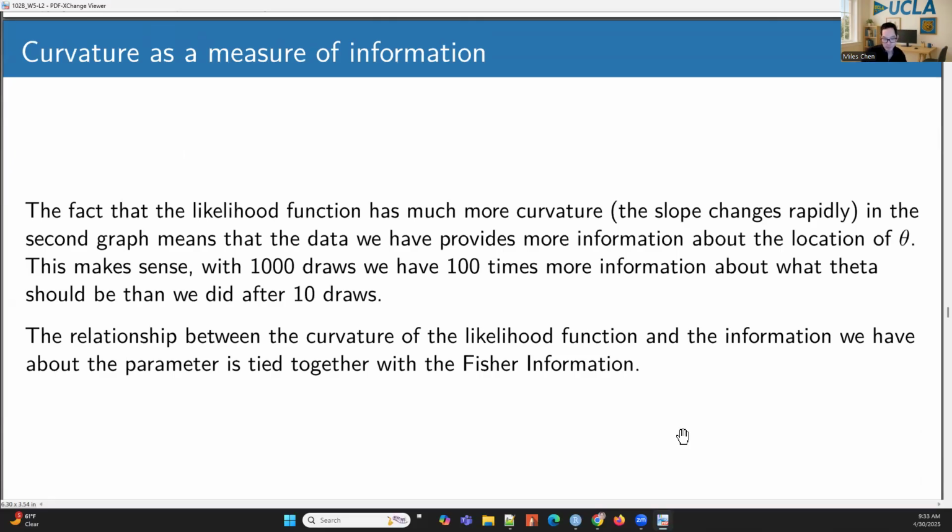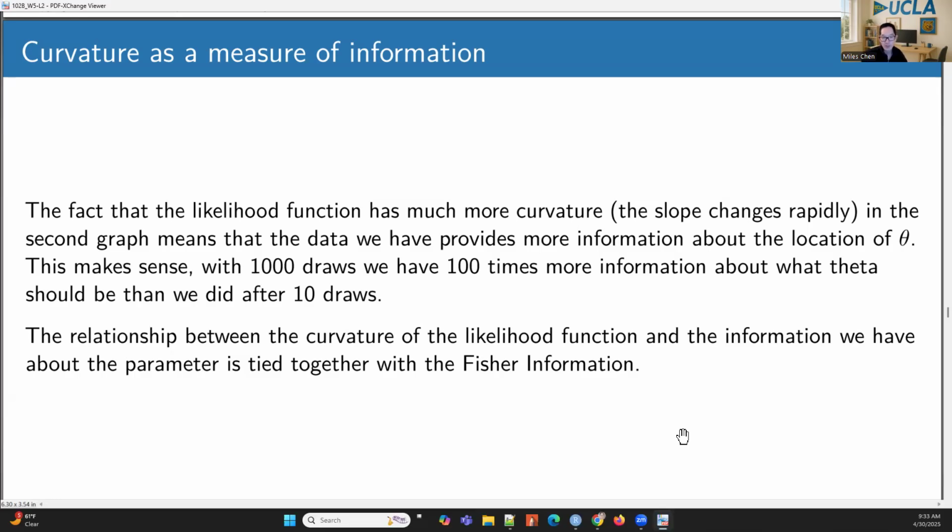And that makes intuitive sense, because think about how much information you get with only 10 data points versus 1,000 data points. You have a lot more information after 1,000 data points.